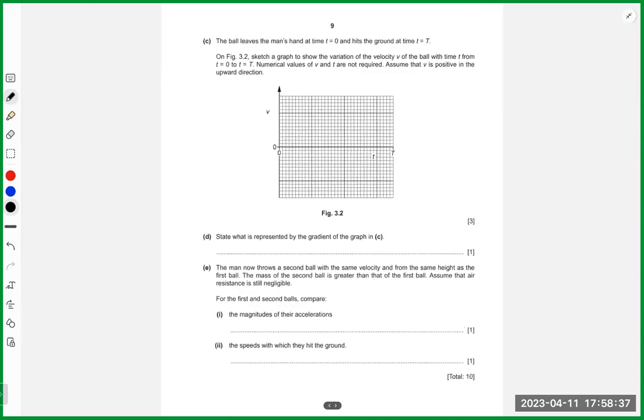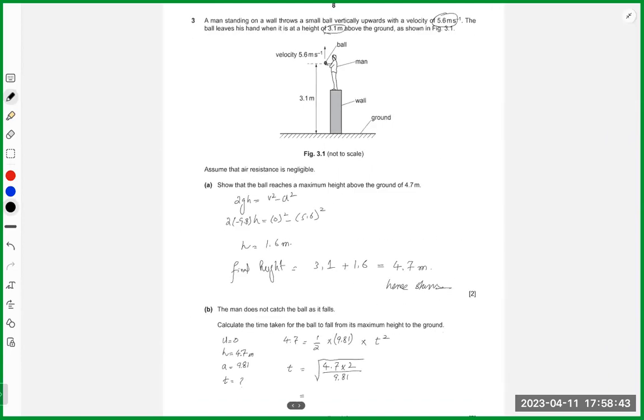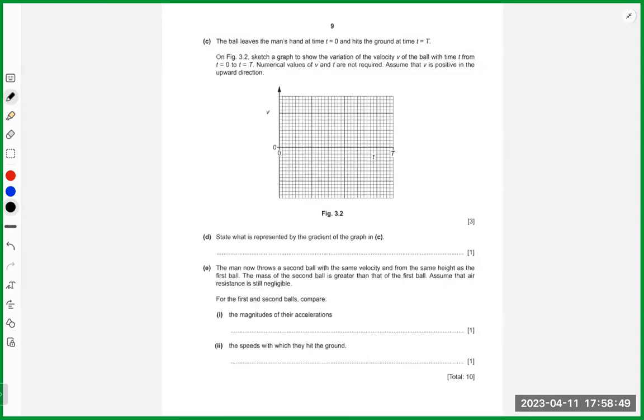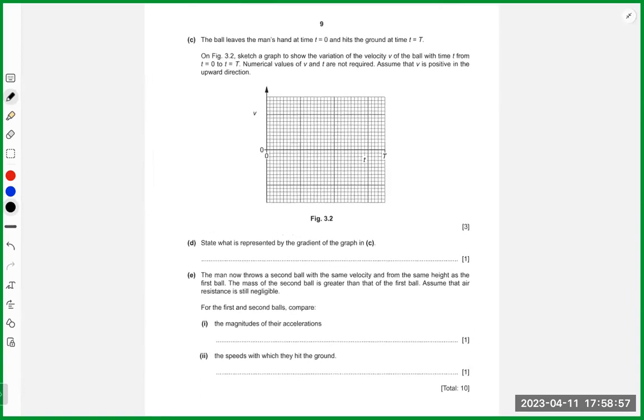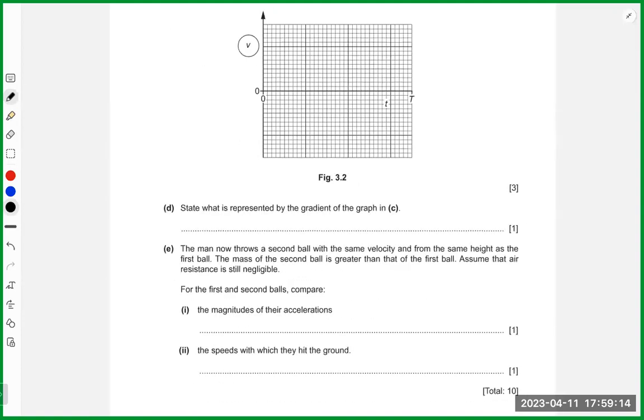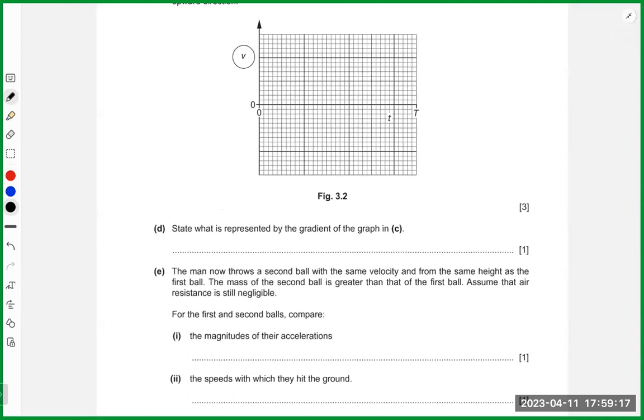State what is represented by the gradient of the graph. Which question am I doing? We just forget it. Now state what is represented by the gradient of the graph in C. This is a graph of velocity v on the y-axis, and time on the x-axis. State what is represented by the gradient of the graph.